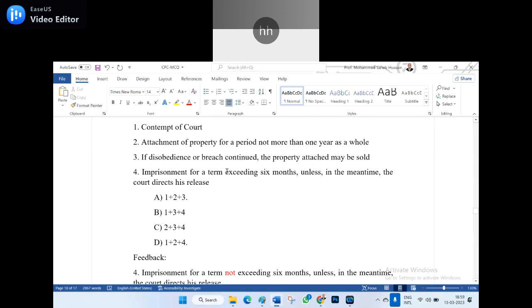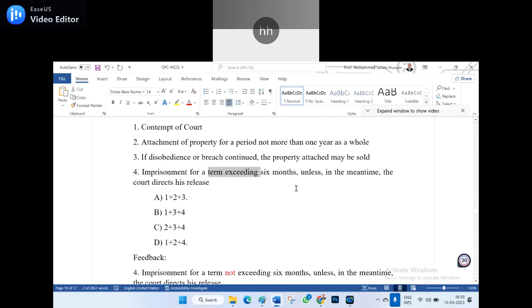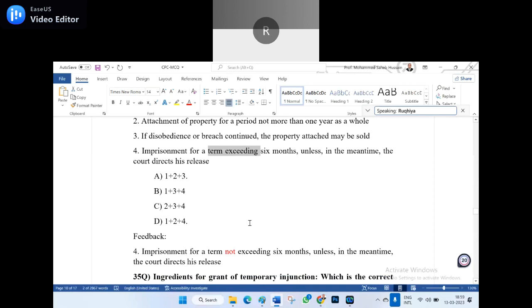Actually it is imprisonment for a term not exceeding 6 months unless in the meantime the court directs his release. So 4 should be eliminated. In all the others 4 is there: B has 4, C has 4, D has 4, but A has no 4. That means the correct option is A, 1 plus 2 plus 3.